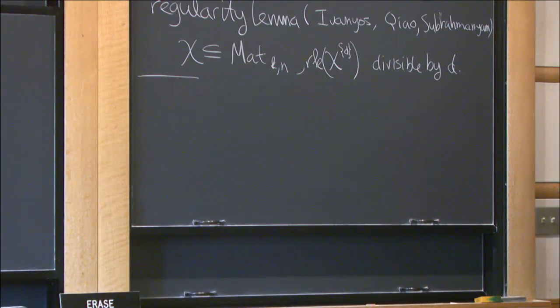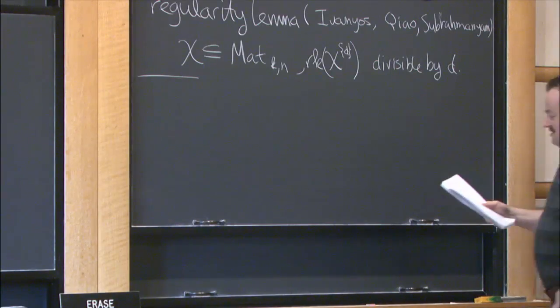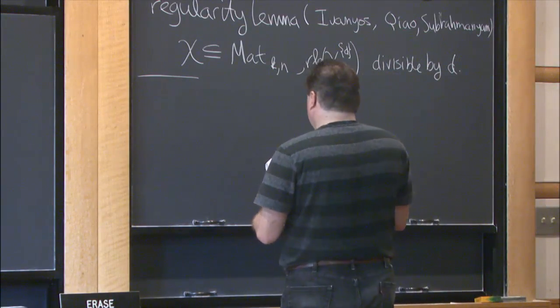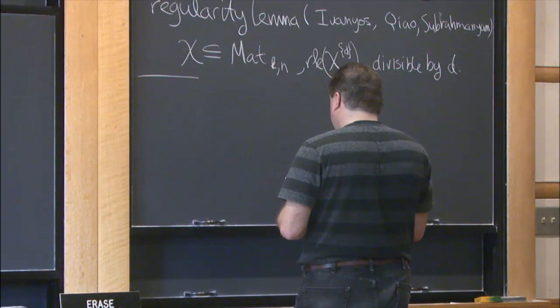I'll give a sketch of a proof which is different from the proof they gave, but it ties nicely into classical ring theory, I guess, non-commutative rings.